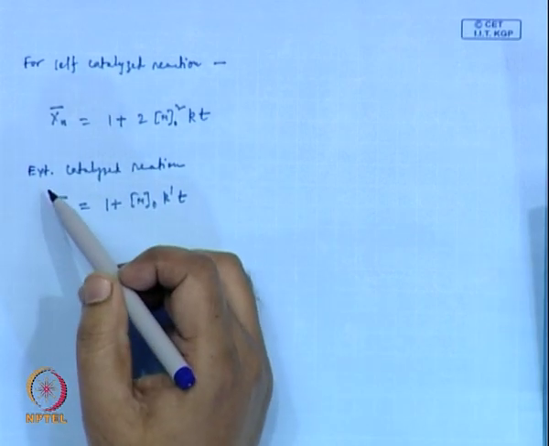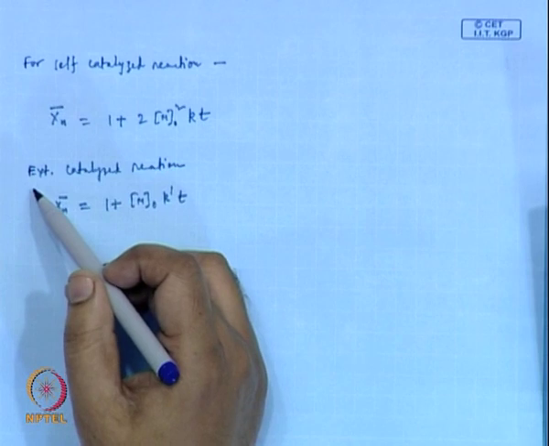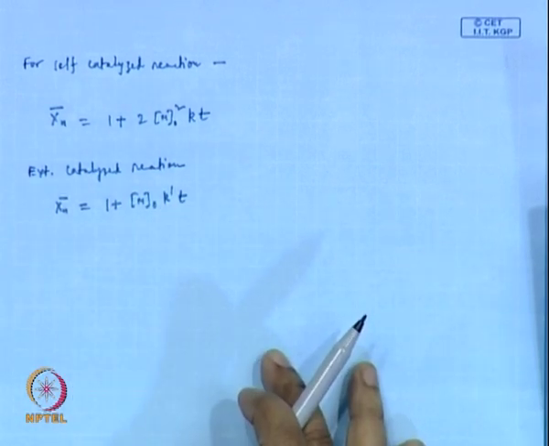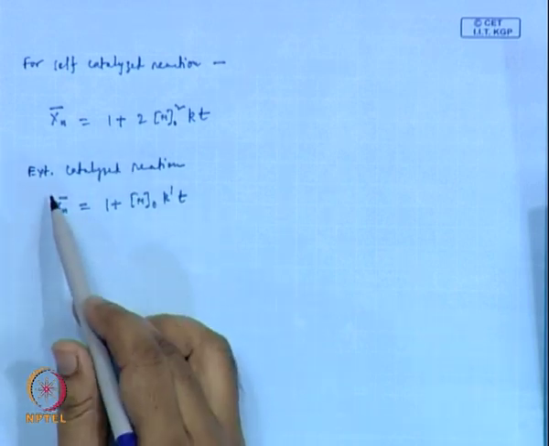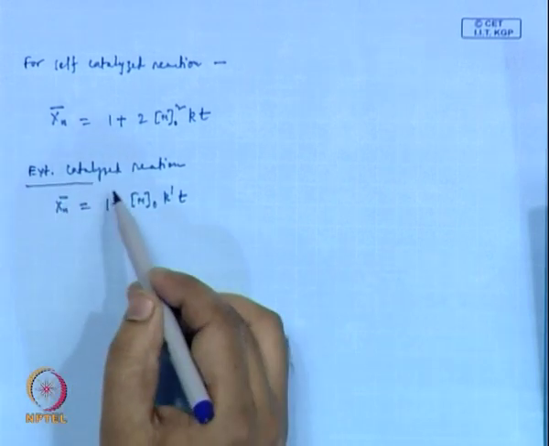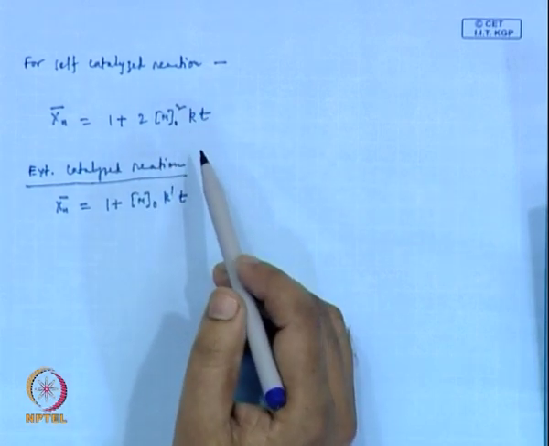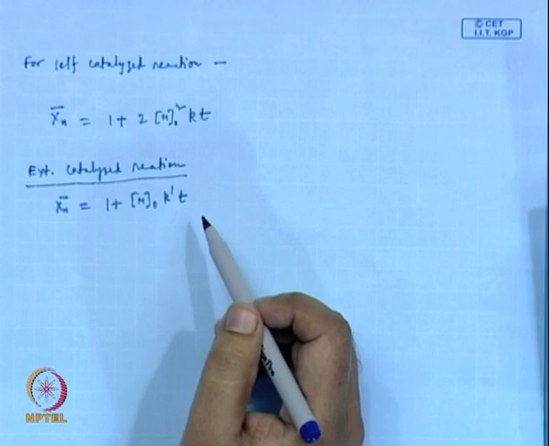So, most of the reactions in an industrial setup are carried out as externally catalyzed reactions. In our discussion we will mainly focus on the externally catalyzed reaction, and we will not discuss too much about the self catalyzed reaction.